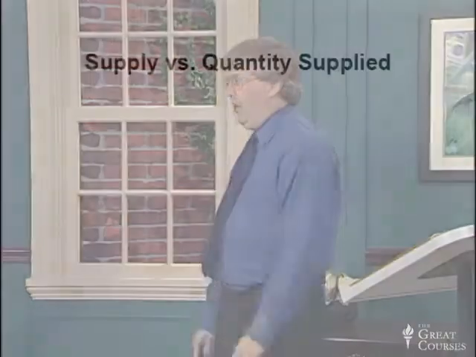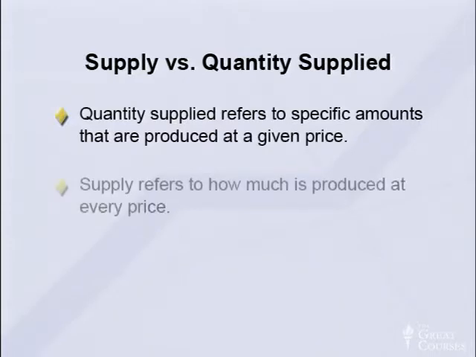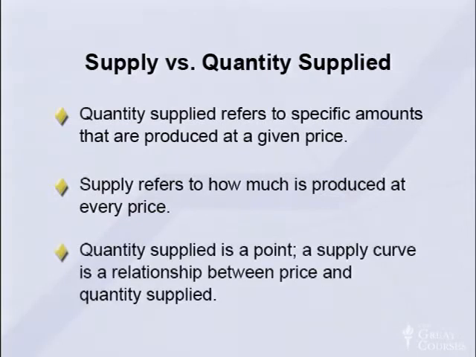Now, just as there's often a confusion between demand and quantity demanded, there's a parallel confusion between supply and quantity supplied. The quantity supplied refers to the specific amounts produced at a given price. Supply refers to how much is produced at every price. Quantity supplied is a point, a quantity, and a supply curve is a relationship between price and quantity supplied.